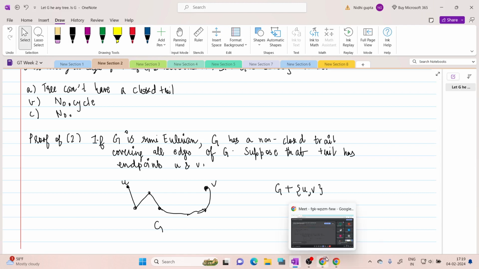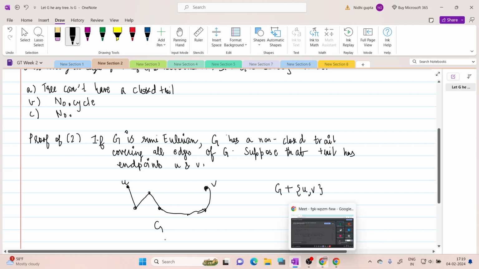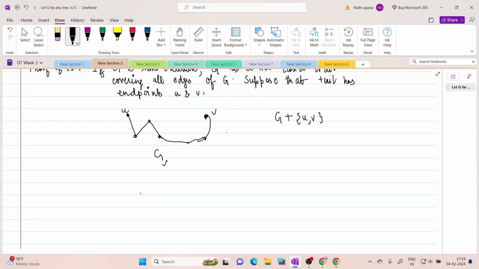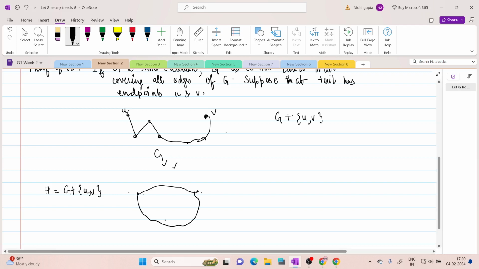Then it is a cycle, ma'am. So G is this graph, and I am adding one more edge to this graph. From this G, I am constructing a new graph H which has one more edge. Then it is an Eulerian cycle.